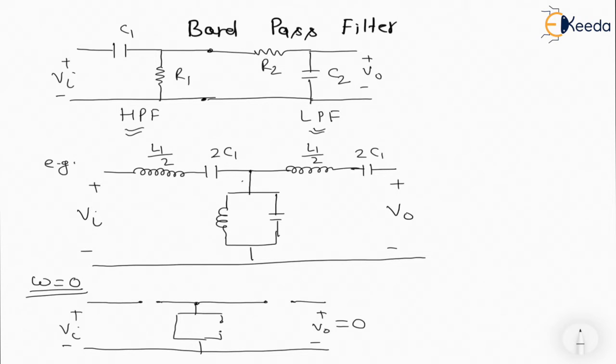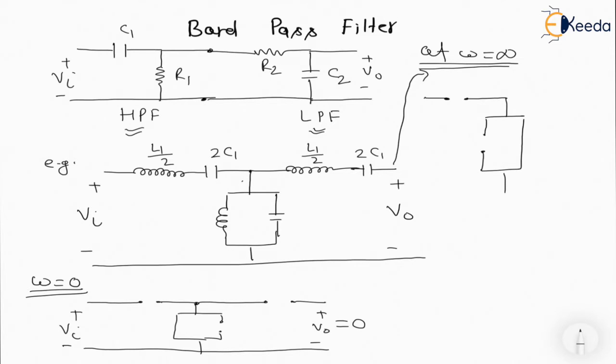Now I am going to check at omega is equal to infinity for this circuit. For inductor we get open circuit, for capacitor short circuit, and for inductor open and for capacitor short circuit.